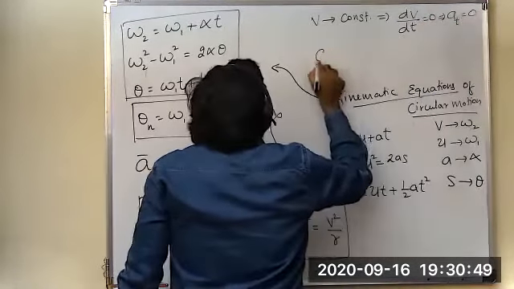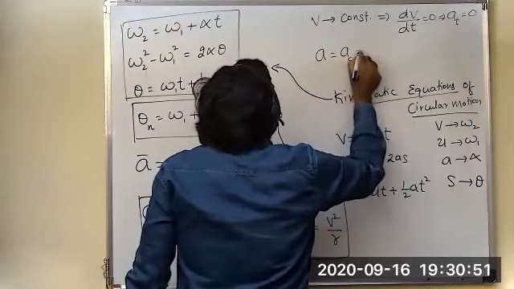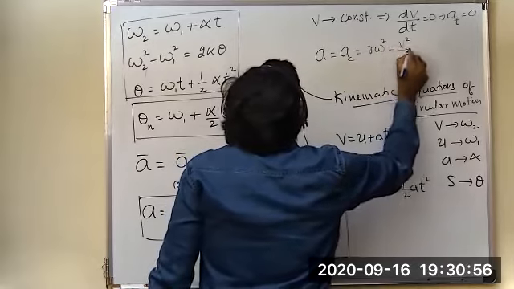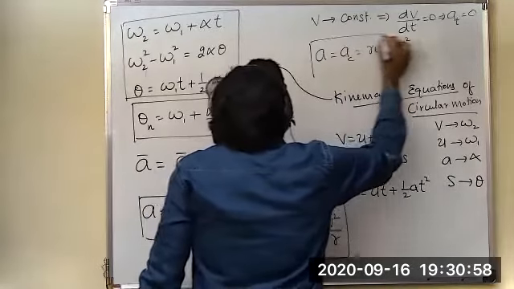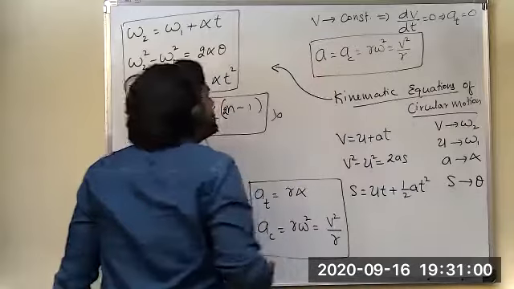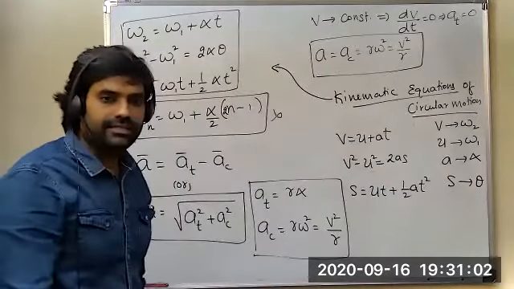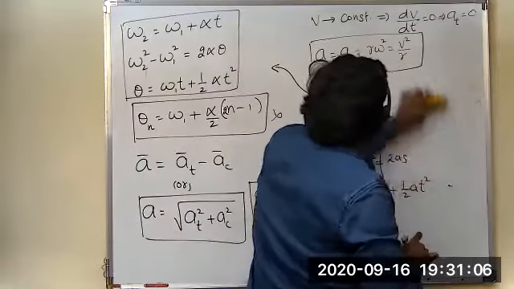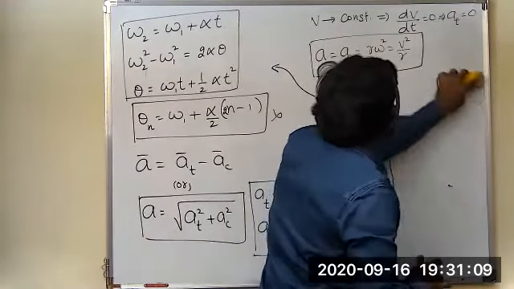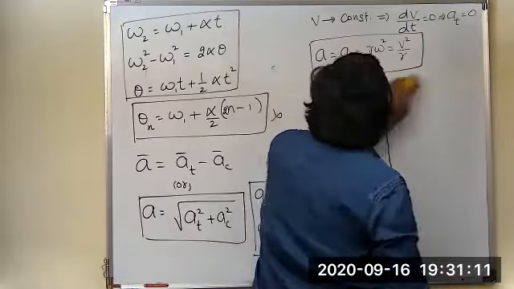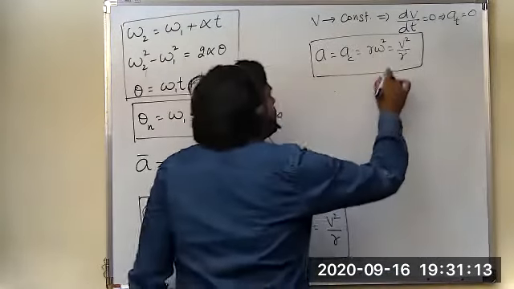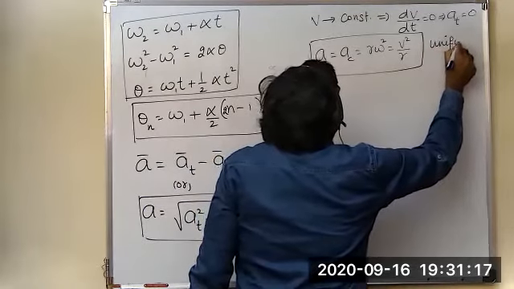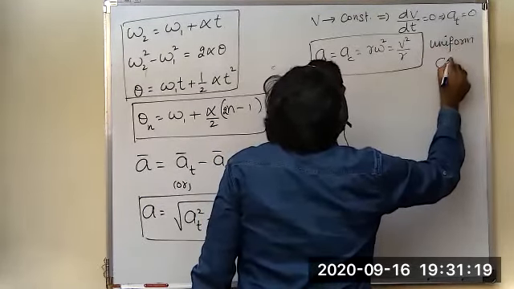In such case, net acceleration will become AC, that is equal to R omega square, or else V square by R. Means only centripetal acceleration will act as the net acceleration, and this is said to be, students, uniform circular motion. A is equal to AC, R omega square, that is equal to V square by R.